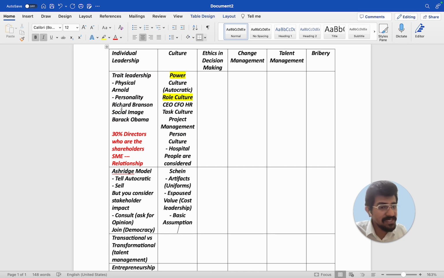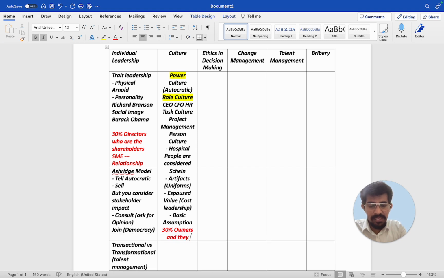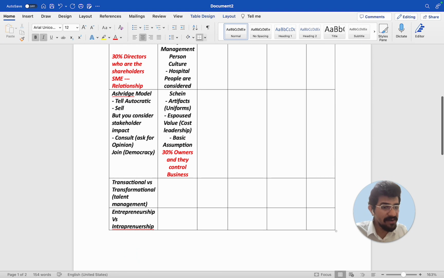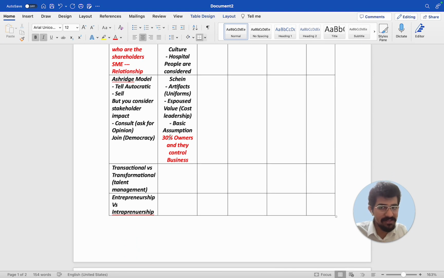They have invested in exposed values for the employees. And the basic assumption is very clear: 30% owners are there, and they control the business. There is not much of an ideology of a corporation. It's almost like a business run by friends. So keep that in mind, students.